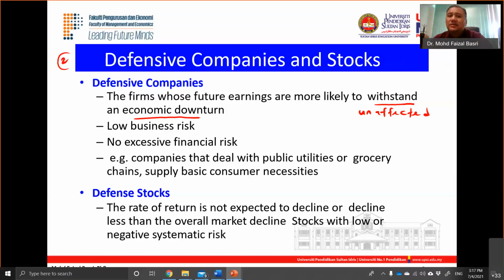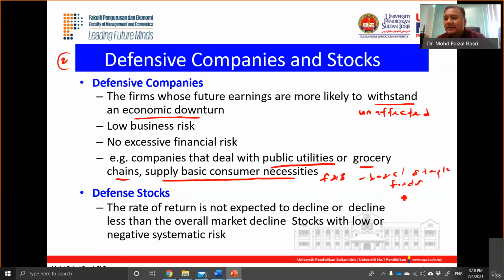So for this kind of company, usually they are related to public utilities companies, or as I said earlier, companies related to grocery chains, because they are providing grocery items, similar to supplying basic consumer necessities. Basically related to F&B, and not the premium F&B, just the basic or staple foods maybe.